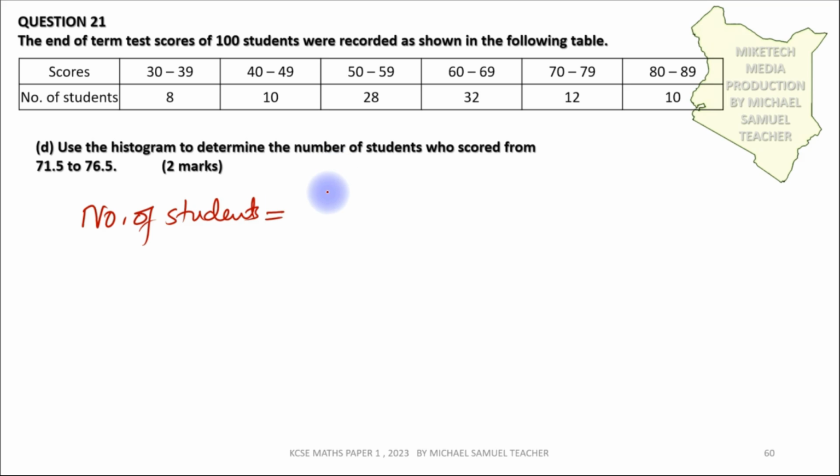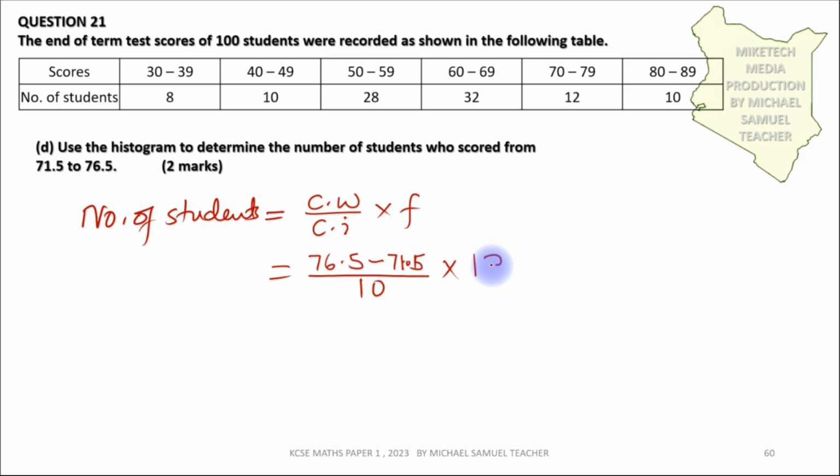So the number of students will be equal to the class width divided by the class interval, since we have a uniform class interval, then times the frequency in that particular rectangular bar. So the class width is 76.5 minus 71.5, divided by the class interval, which we have seen is 10, times the frequency in that particular bar, which is 12.